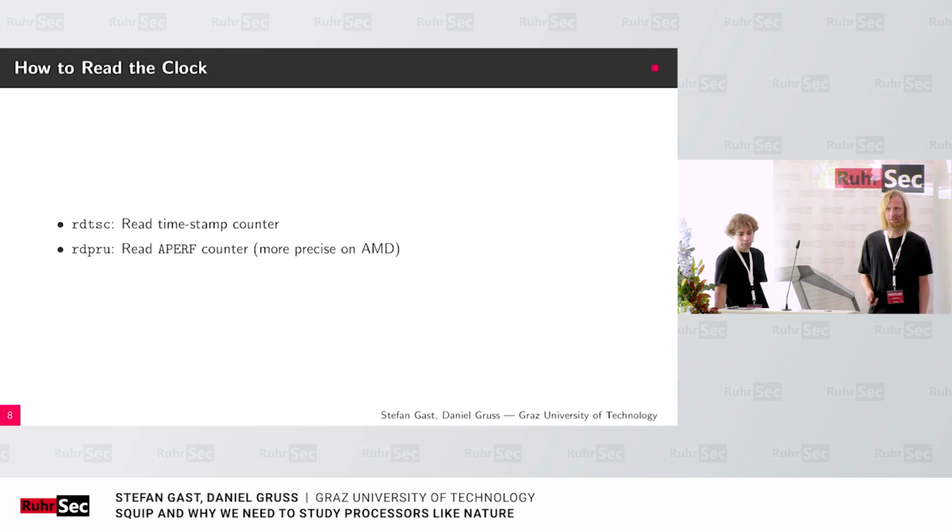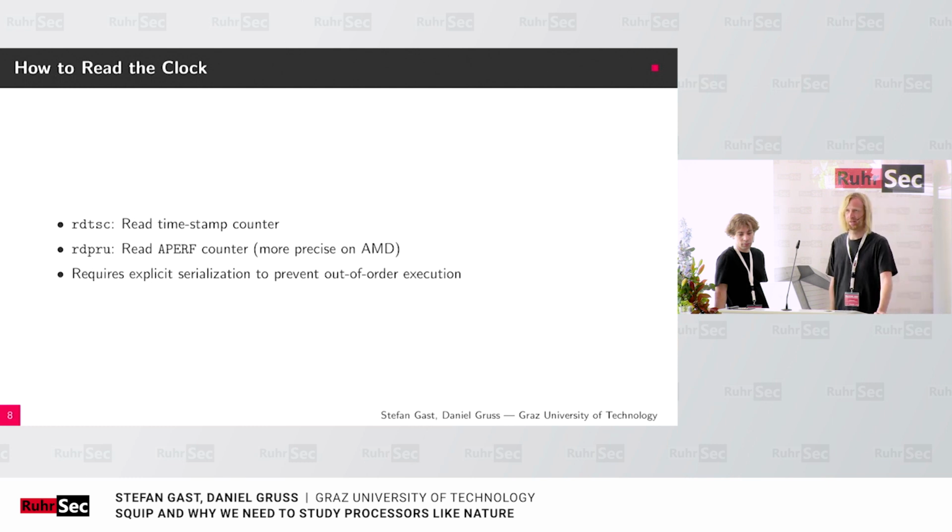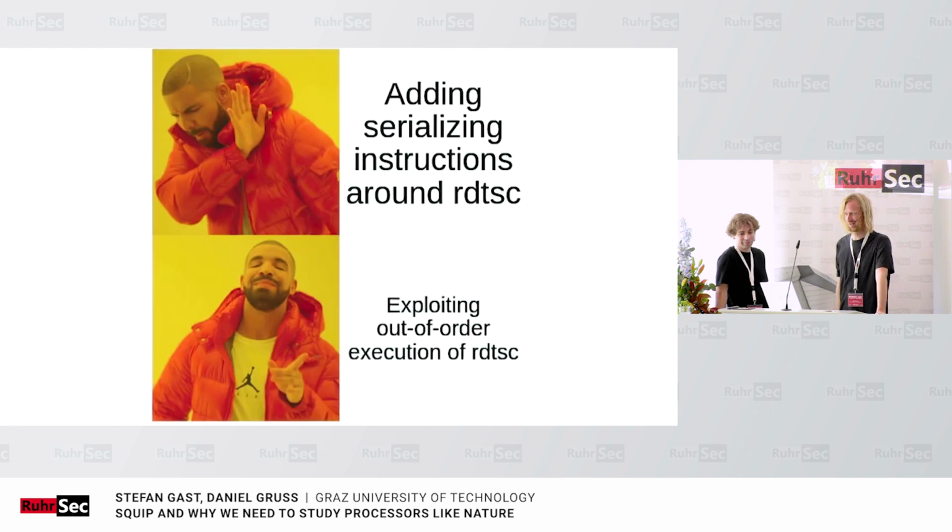But because there's this out-of-order execution, this requires some measures to prevent the reordering of these instructions. This is typically done by using serializing instructions or fences. But what happens if we don't do that? We don't want to do this. Keep that in mind for the following steps.